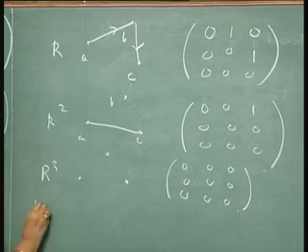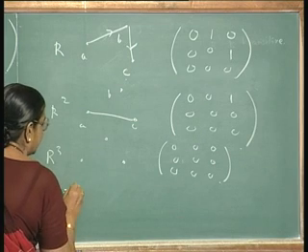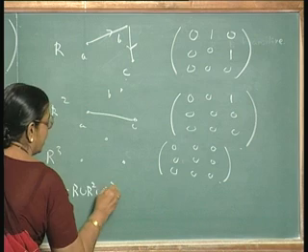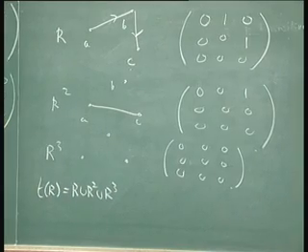So, the transitive closure of R is R union R squared union R cubed, that is, the union of R to the power i for i equal to 1 to n.